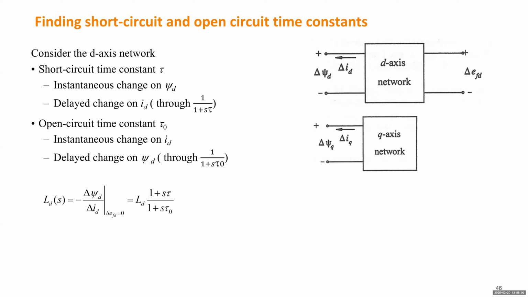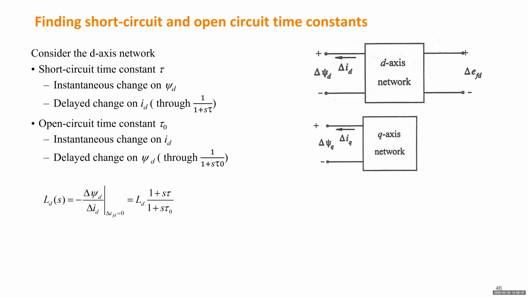Is this clear? Because when you have instantaneous voltage, that will cause a delayed change on current. So that time constant is tau. When you have an instantaneous change on current, you have a delayed change on the voltage. So that time constant is tau 0, which means voltage divided by current. Voltage divided by current will be this first order system, and the current divided by voltage will be this first order system.